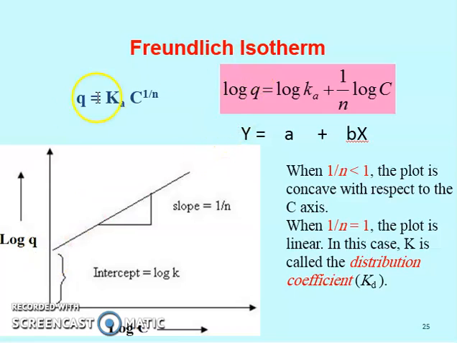The intercept between the line and the y-axis will equal log k, while the slope will equal 1 over n.